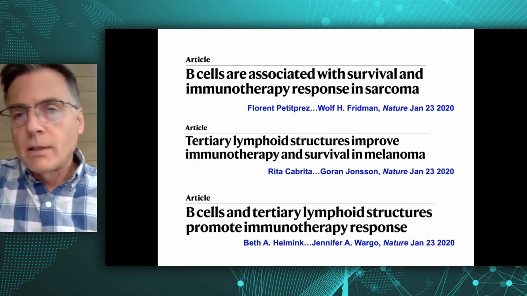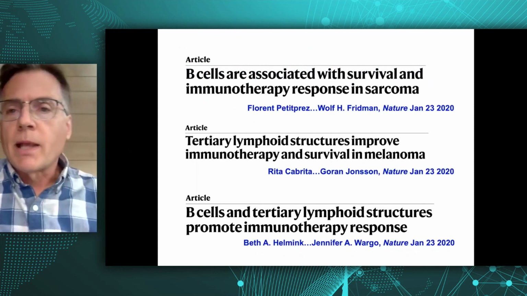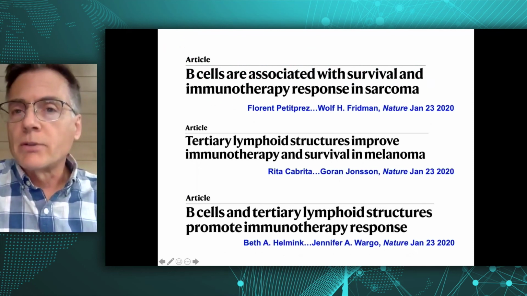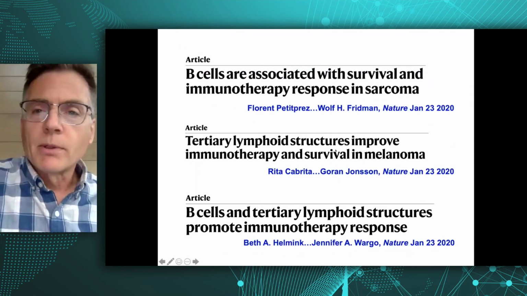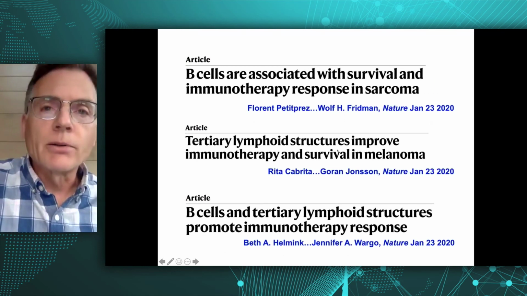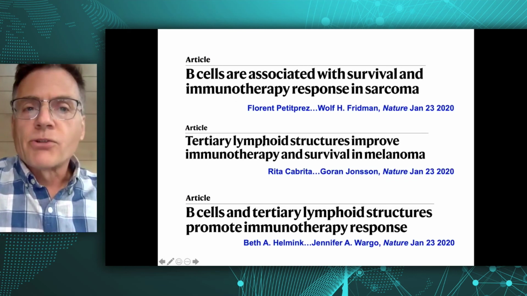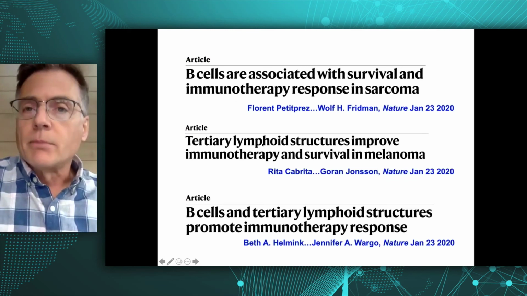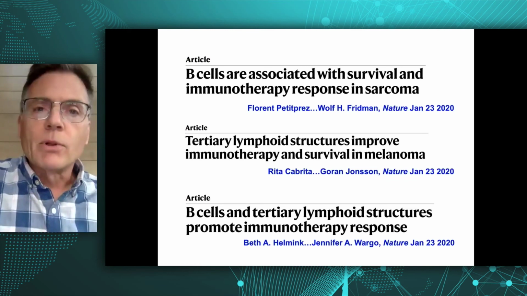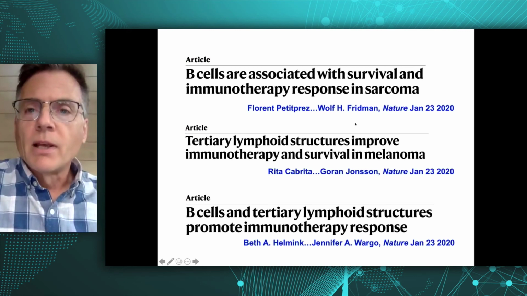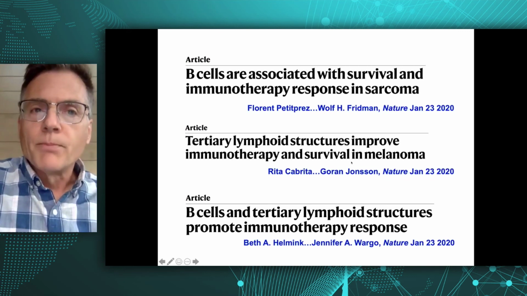And this concept is really gathering steam in a number of other tumor types as well. There were 3 papers published together in Nature earlier this year looking at the B cell response or related tertiary lymphoid structures and positive associations with survival and immunotherapy response in melanoma and sarcoma.